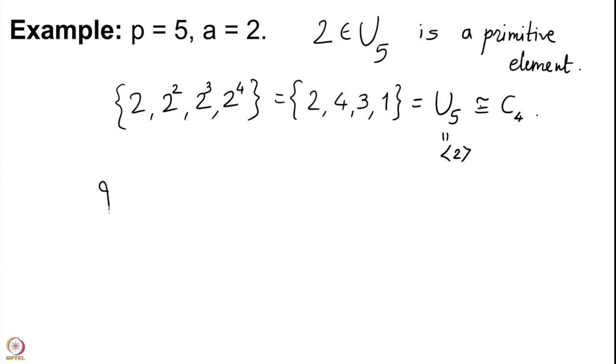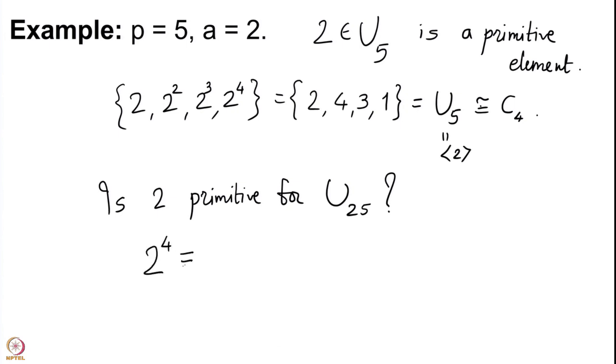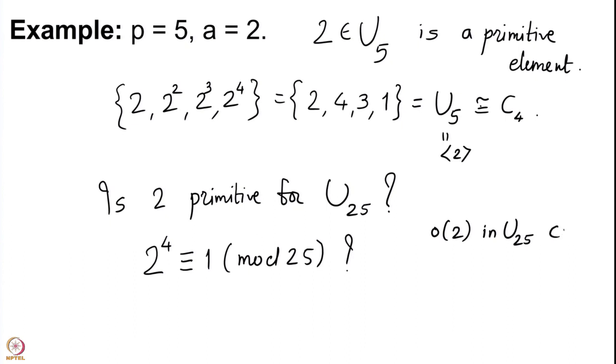Now, the question is, is 2 primitive for U_25? For this we need to check whether 2^4 is congruent to 1 modulo 25. So, we know that the order of 2 in U_25 can be 4 or 20.